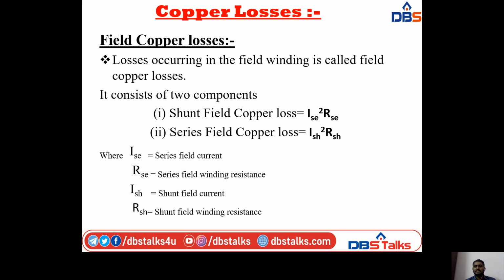The series field copper loss is represented by the equation Isc square Rsc, and the shunt field copper loss by Ish square Rsh. Here Isc is the series field current, Rsc is the series field winding resistance, Ish is the shunt field current, and Rsh is the shunt field winding resistance. These are the shunt field and series field copper losses.